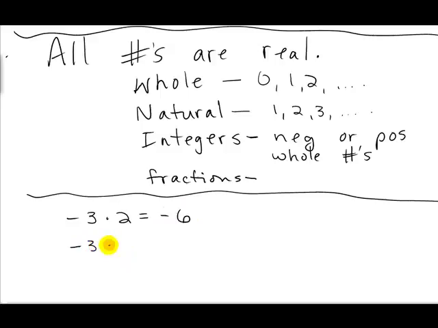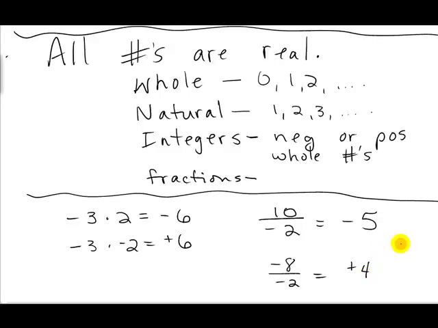If I multiply negative times a negative, I will end up with a positive number. Same thing with division. If I divide a positive number by a negative number, I will get a negative. If I divide a negative by a negative, I will get a positive.